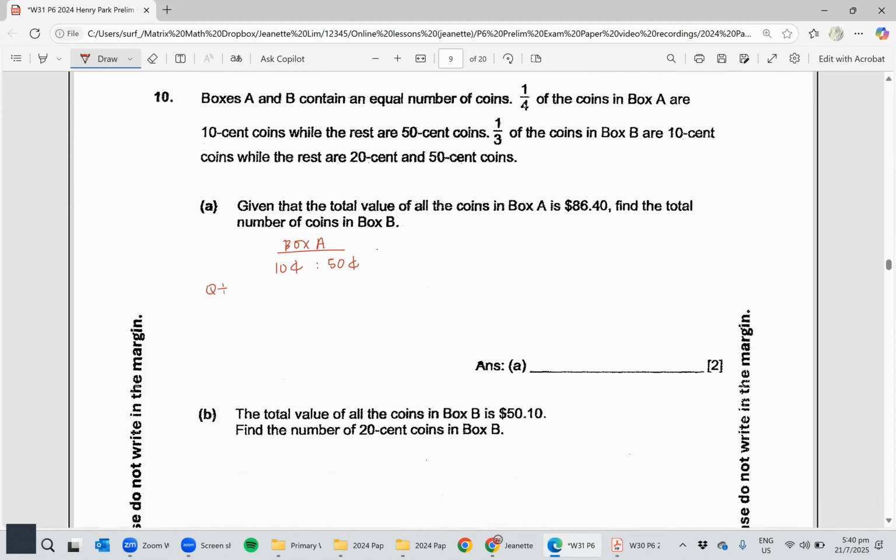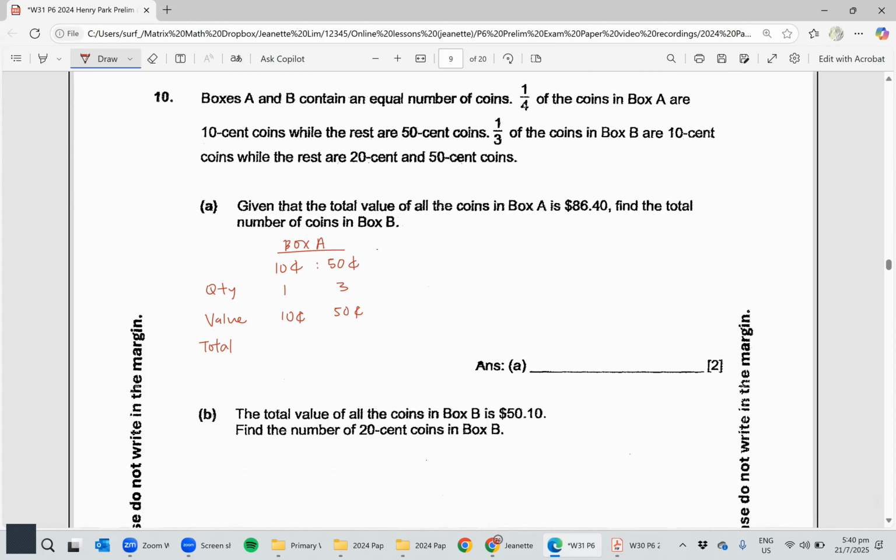In terms of quantity, you have 1/4 that's 10-cent coins, which means 3/4 would be 50-cent coins. Then next, the value of each coin. For 10 cents, it's just 10 cents. For 50 cents, it's just 50 cents.